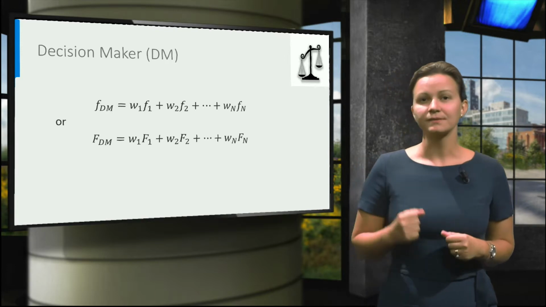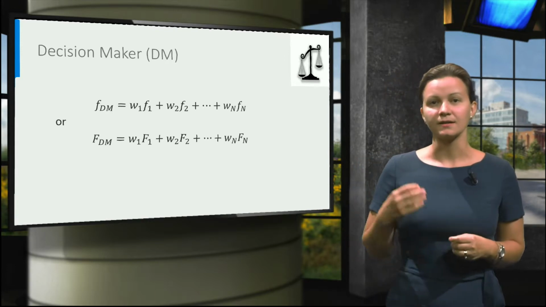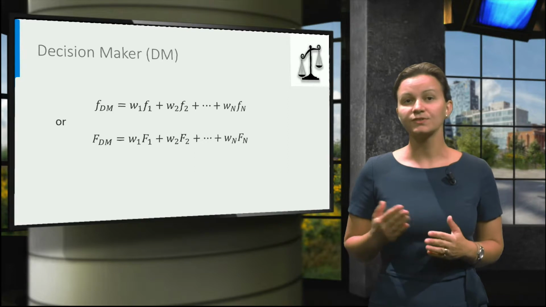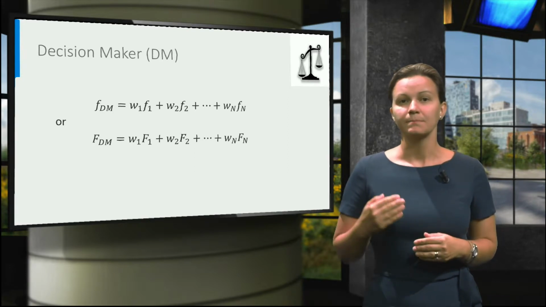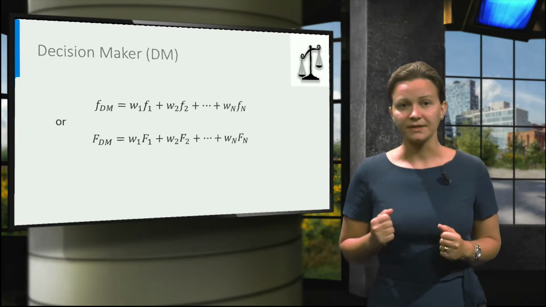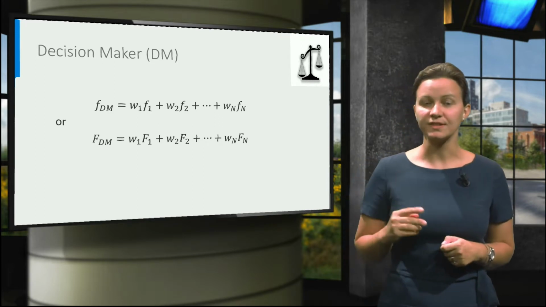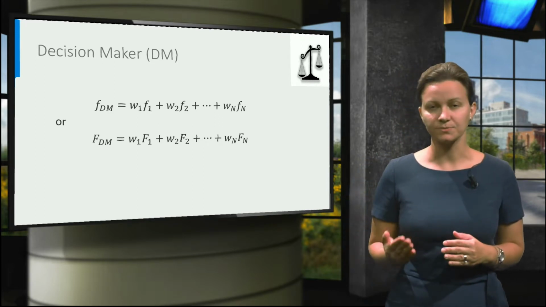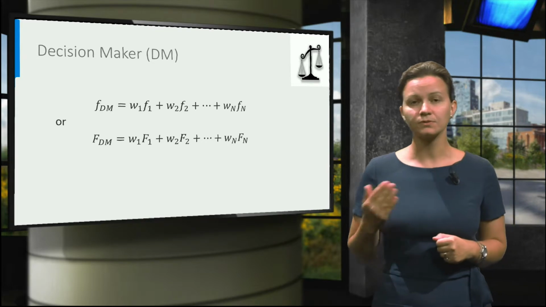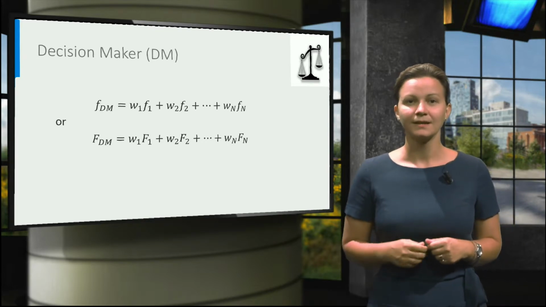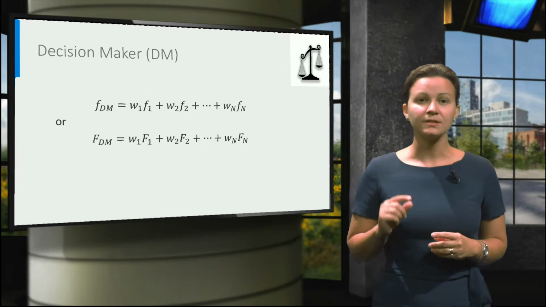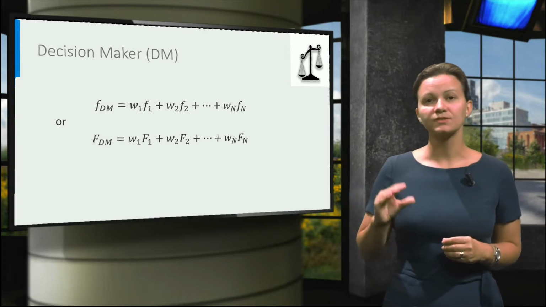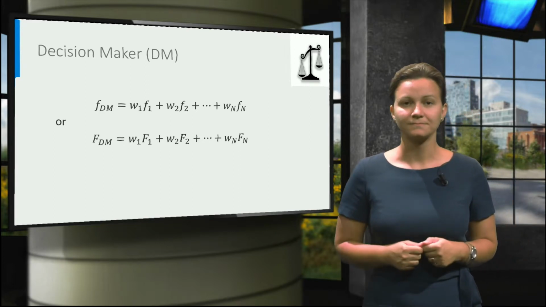The combination of experts' assessments is often referred to as the decision maker. Please note that in this context, a decision maker represents a mathematically calculated distribution, which corresponds to a virtual expert. It is assumed that the real decision maker would adopt this distribution as their own.